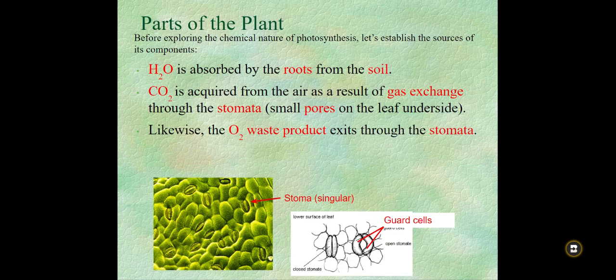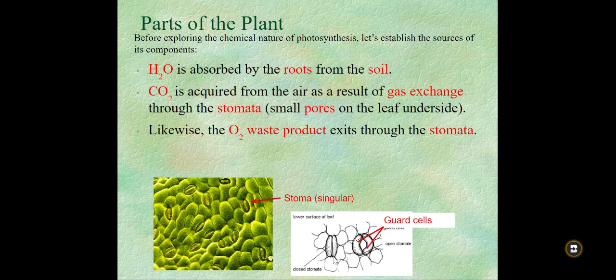Carbon dioxide is acquired from the air because of gas exchange, and on the underneath side of the leaf, there are these little tiny holes that we call pores, and there's a picture right here for it. When they are closed and gas exchange is not happening, this structure that is called a stomata is closed, and it looks like this.